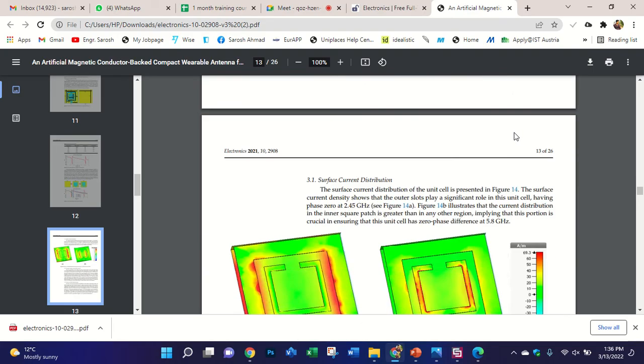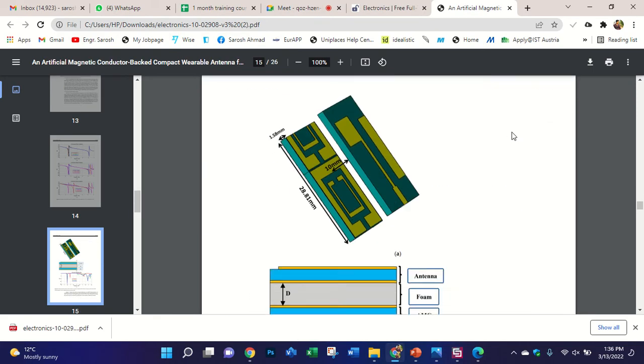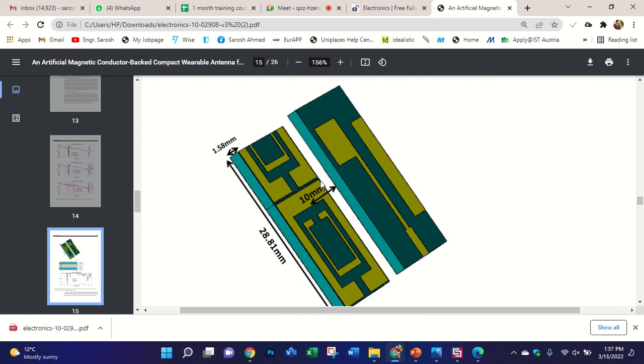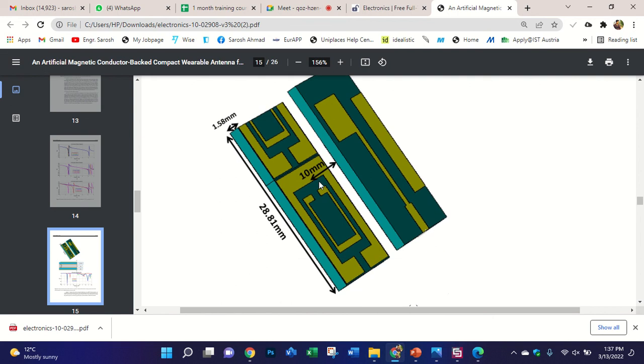You can see here I designed the unit cell the same size as this antenna, the same width as the antenna, but I use one full and one half plane of the unit cell to keep the size of the antenna compact. There is a main problem nowadays, because with metamaterial the size of the antenna is increased a lot, because in previous research most people say that the unit cells must be in order, like 3 by 3, 4 by 4, 2 by 2.